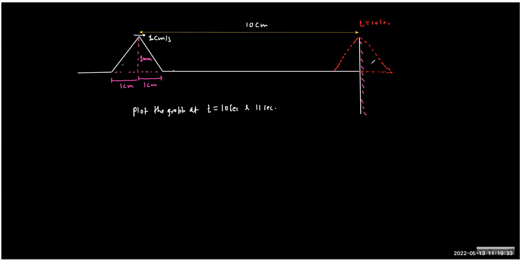But the part which is on the right side will suffer reflection with phase shift also, which means the part on the right will first appear on the left. So you can take the mirror image. So there is this simple rule. First, you invert the portion on the right of the wall. So you invert it like this.